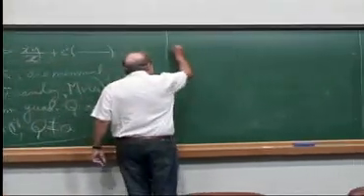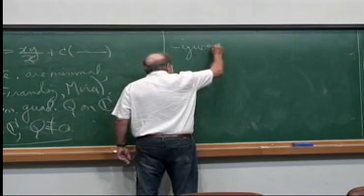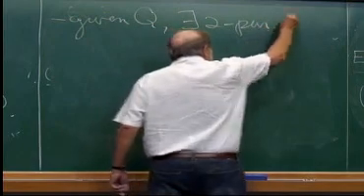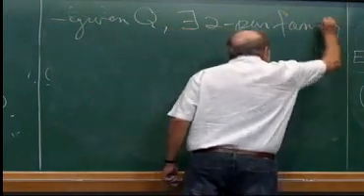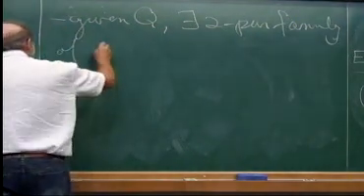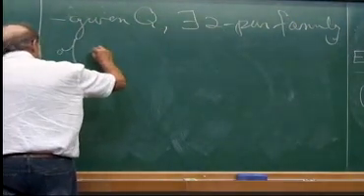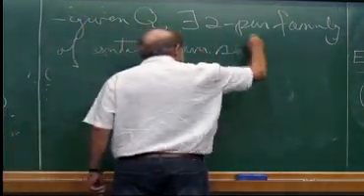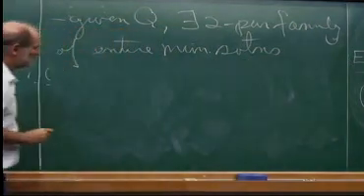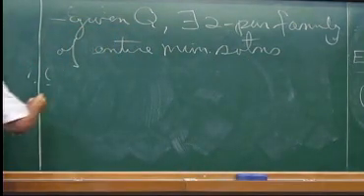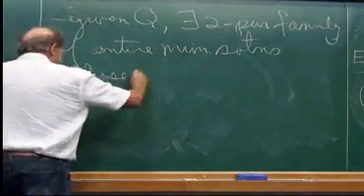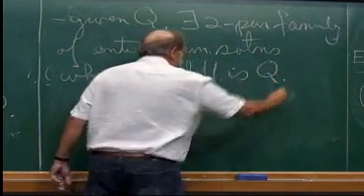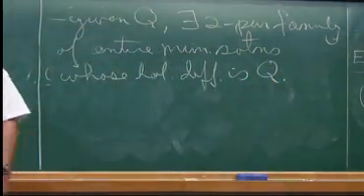So first of all, given such a Q, there exists a two-parameter family of entire minimal solutions whose holomorphic differential is Q. This is what they call the canonical family associated to the quadratic differential.